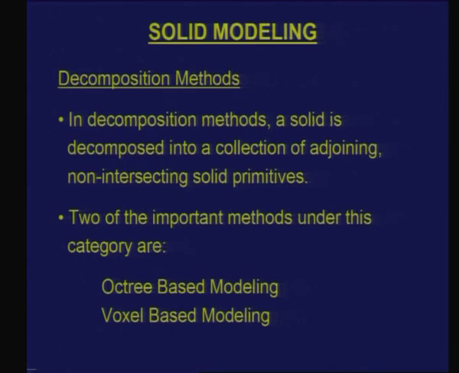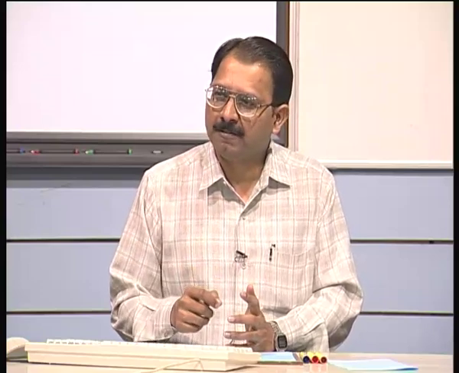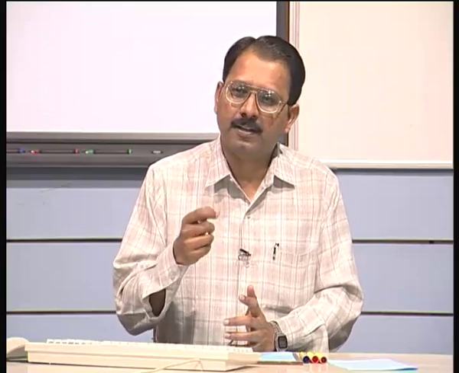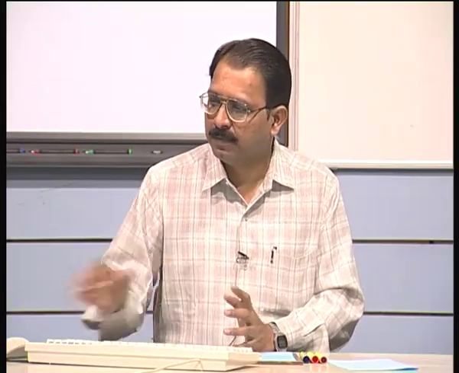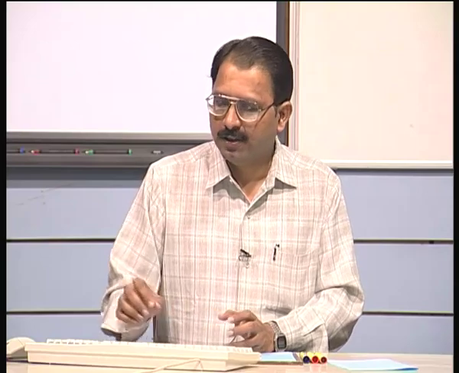For example, you are familiar with a pixel. If I want to represent an image, I can visualize it as a combination of pixels having different colors and different intensities, which gives me a look of a two-dimensional or three-dimensional object. So, I can also have a volumetric element which is called a voxel.